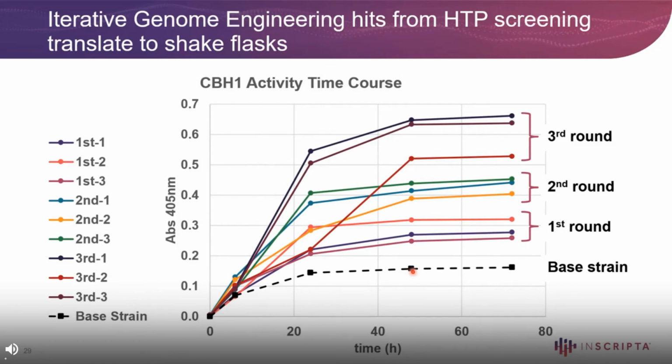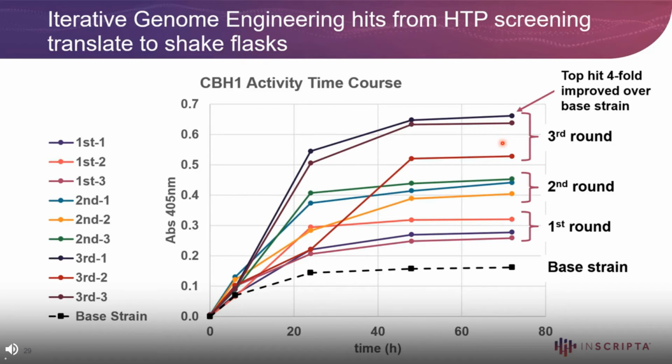Okay, and then the top hit that we identified basically had a 4-fold improvement in CBH1 production over the base strain, pretty much at the 24, 48, and 72-hour time points. It was about a 4-fold improvement. So significantly improved CBH1 production over these 3 rounds of genome engineering work that we did.